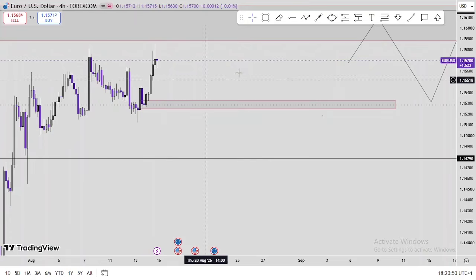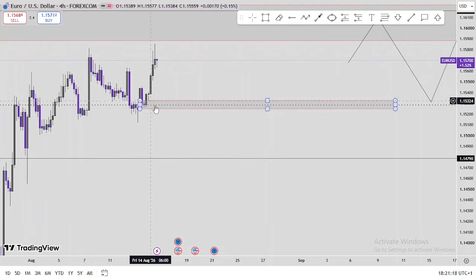The most ideal, the A plus demand areas and the A plus supply areas, have three characteristics: candle formation, where you have base, drop, and then a rally with this bullish engulfing candle of the last depleted candle here.